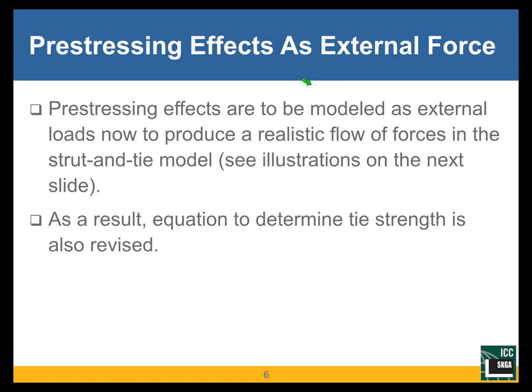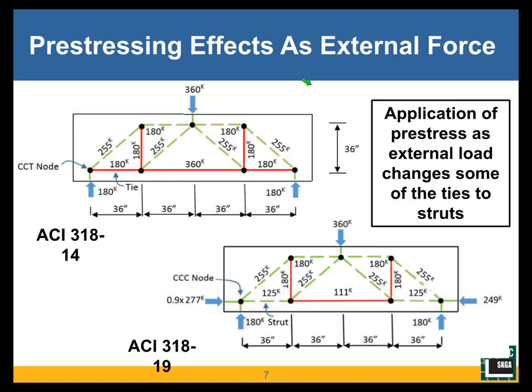You will see that in just a minute or so. So in 318-14, when we had a strut-and-tie model, if there was prestressing in a member, that was considered in the strength equation that I'll show you very soon. In 318-19, the prestressing force will be an external force as shown in the picture.